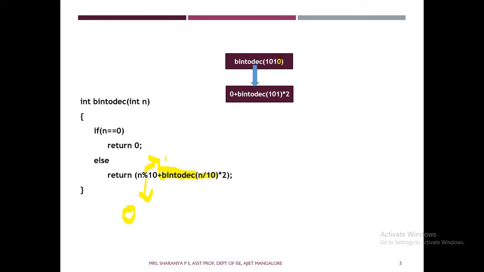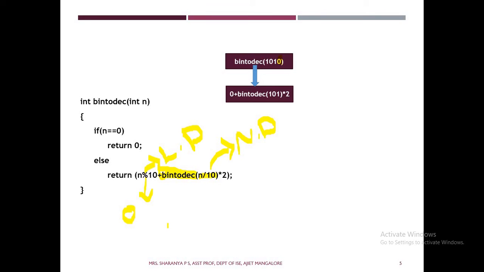So the modulus operator is used to obtain the last digit, whereas the division operator is used to obtain the next digits. These are very important for processing the next steps.